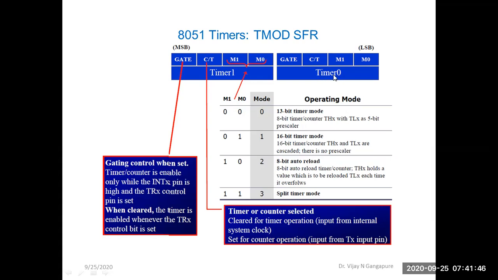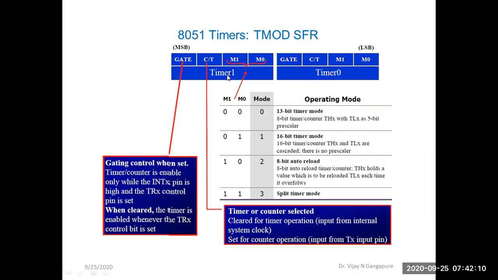Operation of timer 0 means starting the timer, turning the timer on or off, etc. That can be controlled externally if this bit is 1. If this bit is 0, it is controlled internally. That is the meaning.